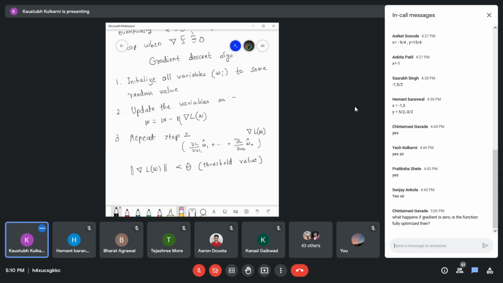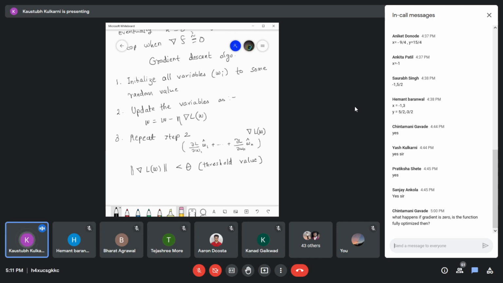So what is an L2 norm? Basically, it is the distance from the origin. So when this distance is some value, let's say 0.1 or 0.01, whatever you have decided, when this is less than that threshold value, then we'll stop these repetitions.